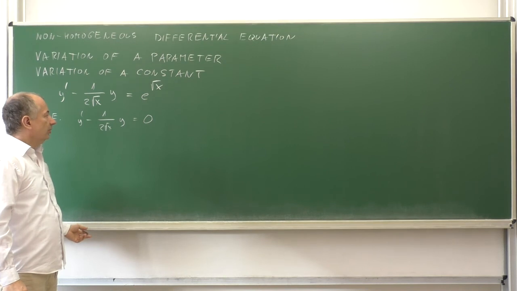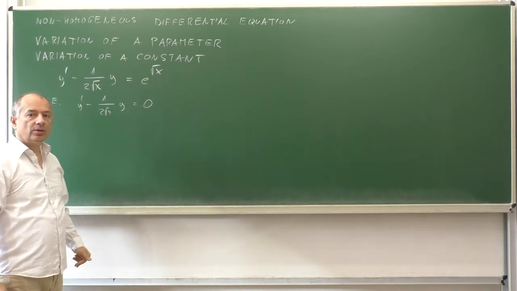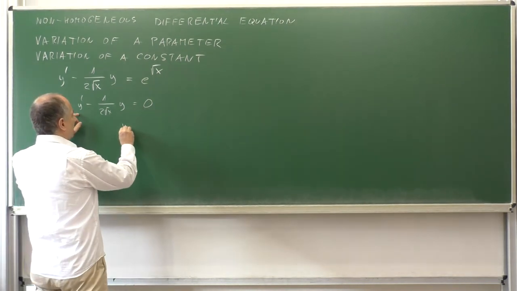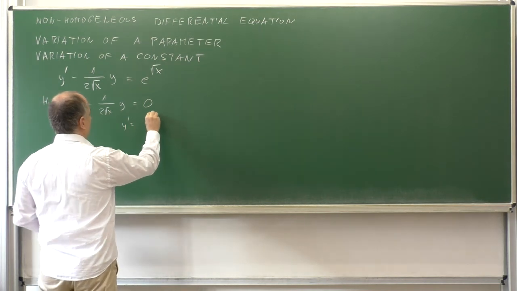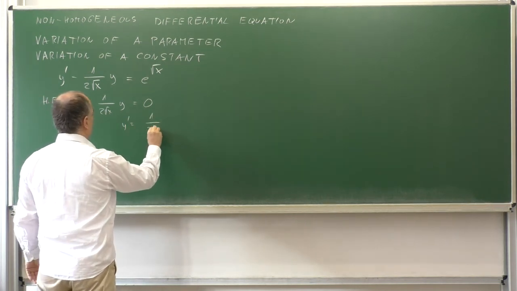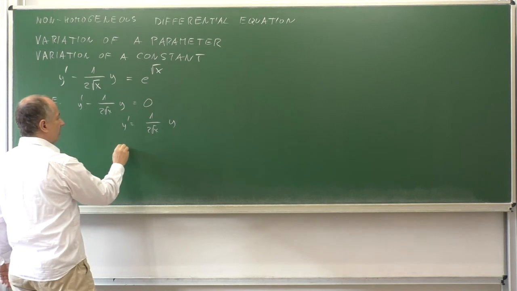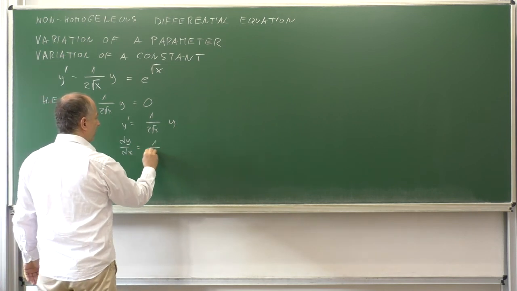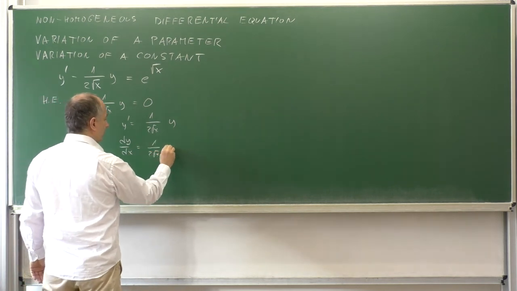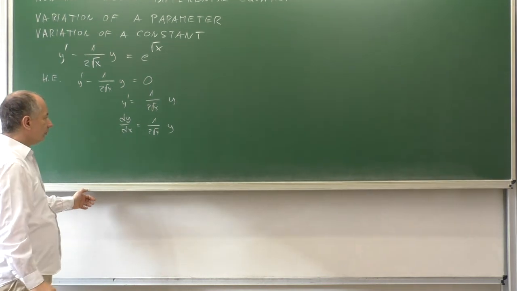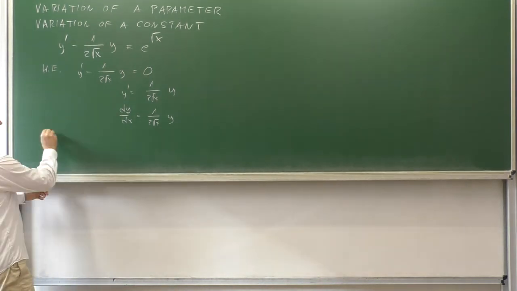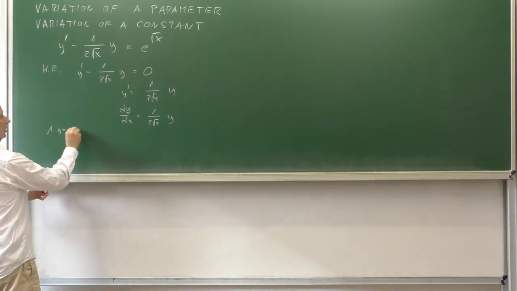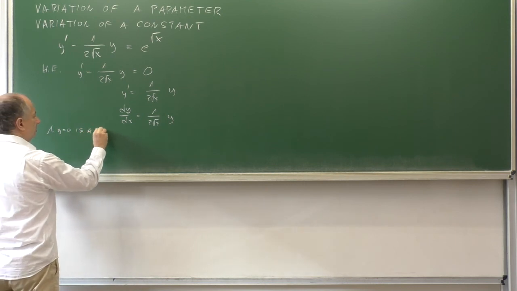To solve this homogeneous equation, we can use separation. We write y derivative is 1 over 2 square root of x y, and if we write the derivative as the ratio of differentials, dy/dx equals 1 over 2 square root of x times y, then we see that y is 0 is a solution.